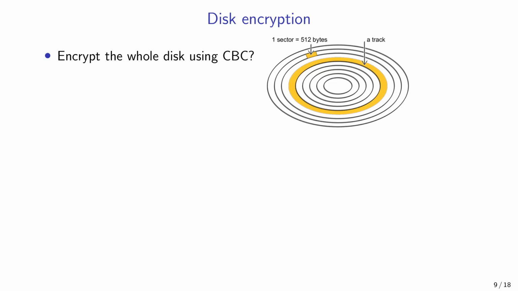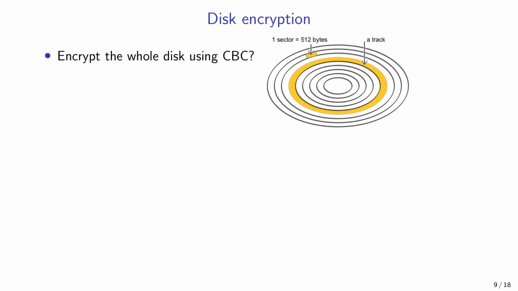We know that we can easily encrypt files using the CBC mode of operation, but can we encrypt the whole disk using the CBC mode? The problem in this context is that in order to, for example, decrypt this sector here, we would have to retrieve the last ciphertext block from the previous sector, since the previous ciphertext block is used as an IV for the first block in this sector.